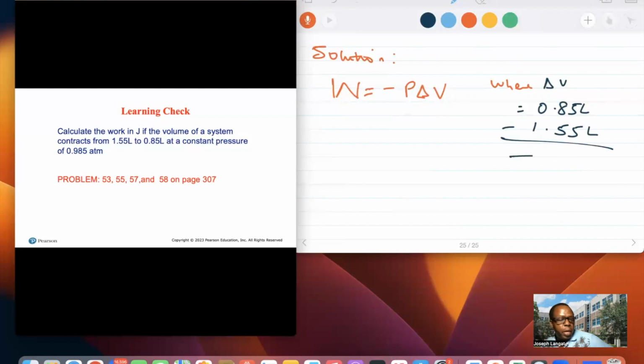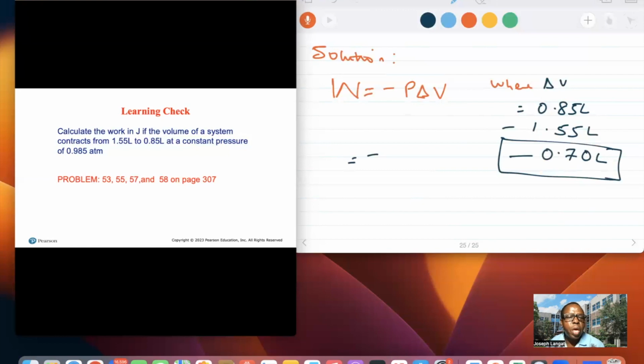It's going to be negative 0.70 liters, negative. So this will be negative.